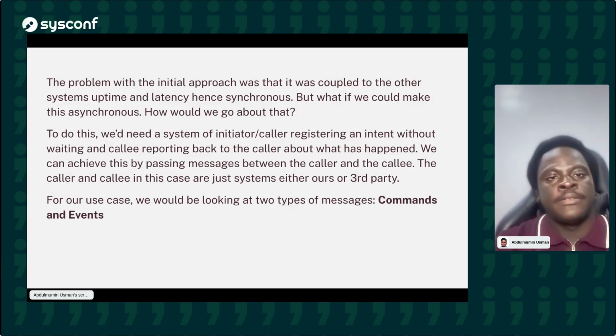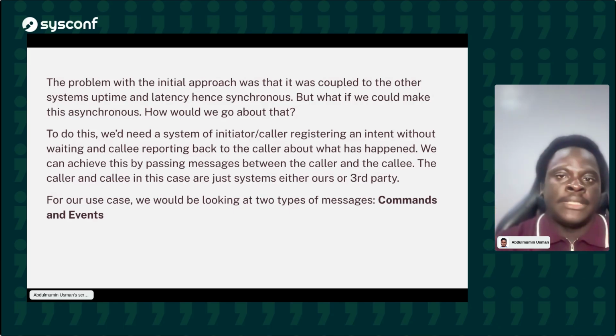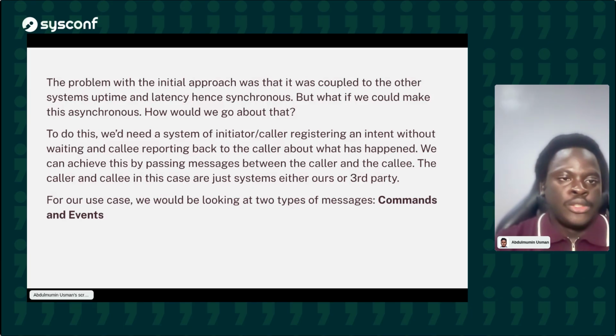The responsibility of the callee is to report back to the caller about what has happened. So we can achieve this by just passing messages between the caller and callee. That's an abstracted way to look at it. Caller and callee in this case are just systems: your system, third party system, or whatever. So messages are a generalized term.